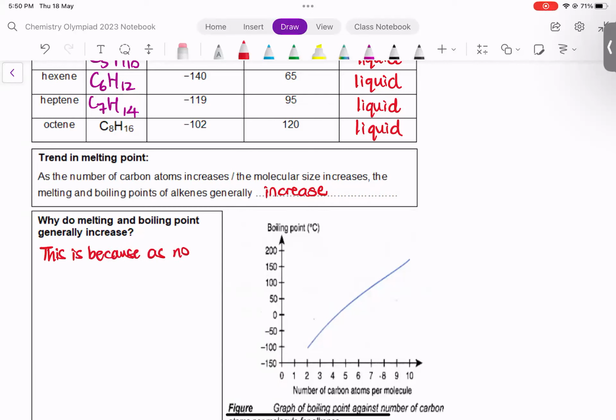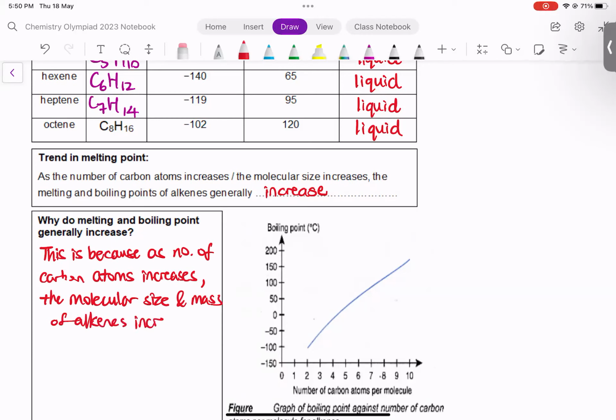as the number of carbon atoms increases, the molecular size and mass of the alkenes also increase. Okay, so as you have more and more carbon, the molecular size as well as the molecular mass, how heavy the alkenes are, will also increase.